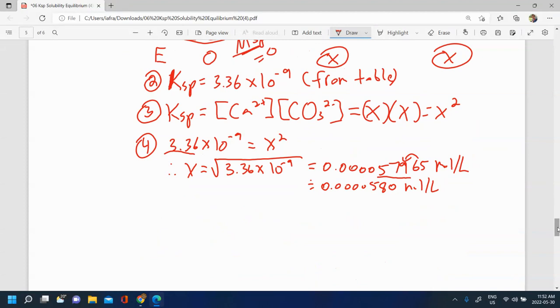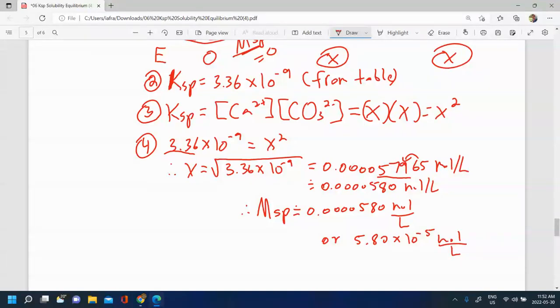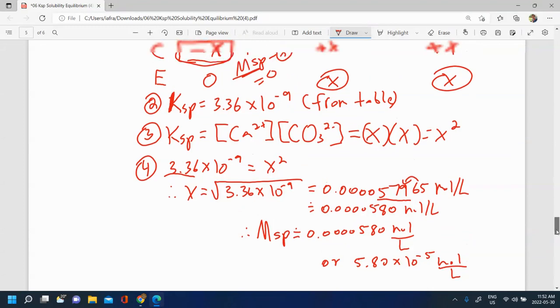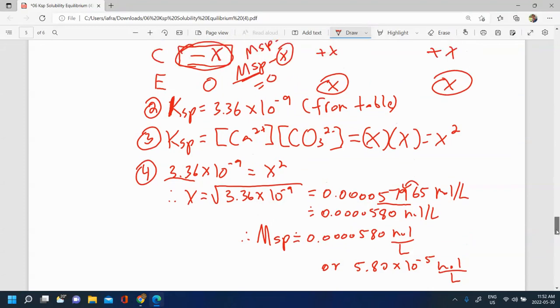So therefore, the molar solubility is 0.0000580 moles per liter. You could also write it as 5.80 times 10 to the power of negative 5 moles per liter. So in a liter, you could dissolve 5.80 times 10 to the power of negative 5 moles.